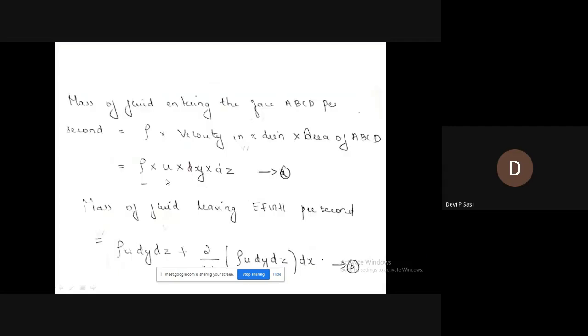You see here, the mass of fluid entering the phase ABCD per second can be written as rho AV.